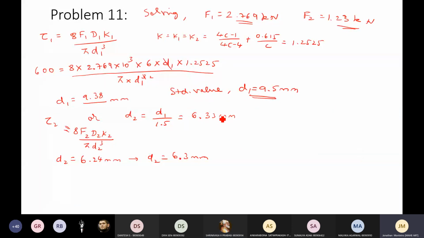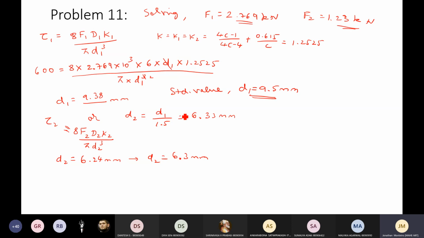And if you take 6.33 as diameter, suppose you back substitute this here and recalculate this, then tau 2 will be slightly lesser than 600. Okay, so there are two values here. I think we can take 6.3 itself.